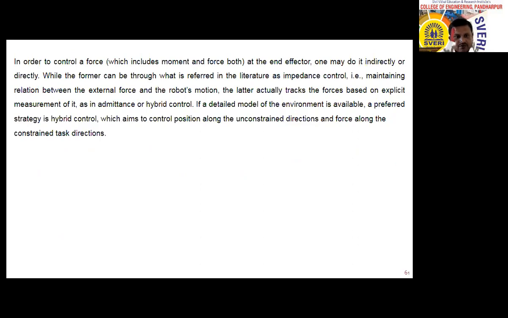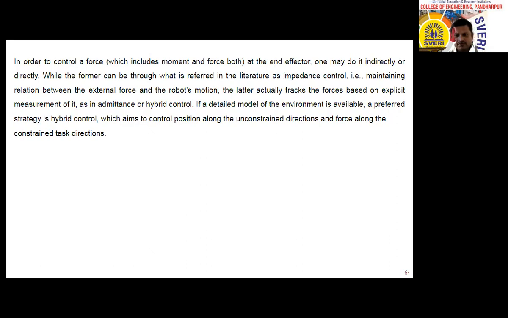In order to control a force, which includes moment and force both, at the end effector, one may do it indirectly or directly. While the former may be through what is referred to in the literature as impedance control, that is, maintaining a relation between the external force and the robot's motion, the latter actually tracks the forces based on explicit measurement of it, as in admittance or hybrid control.